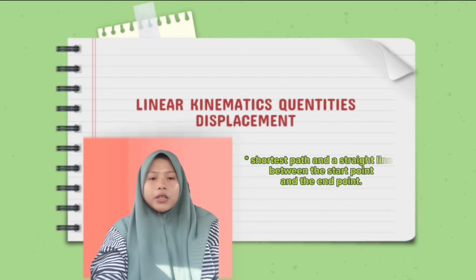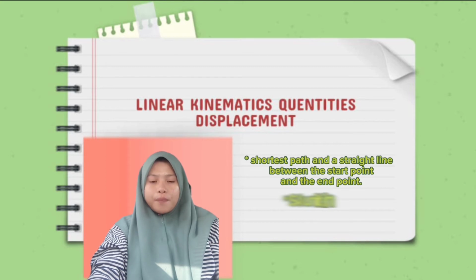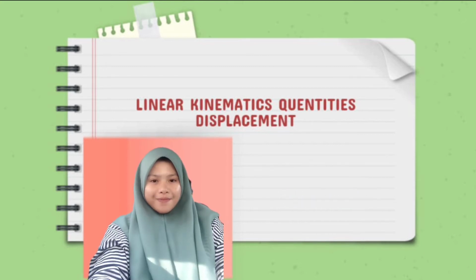In addition, linear displacement is in two dimensions, and it can be measured with a measuring tool, by using a thread only. The SI unit of its measurement is the meter.